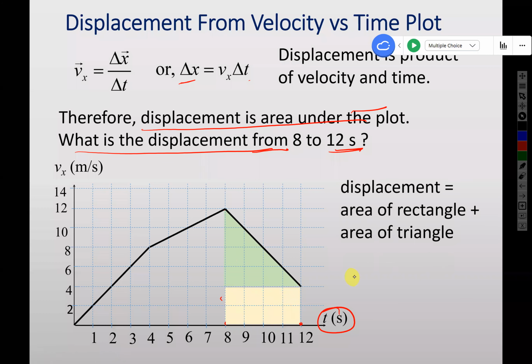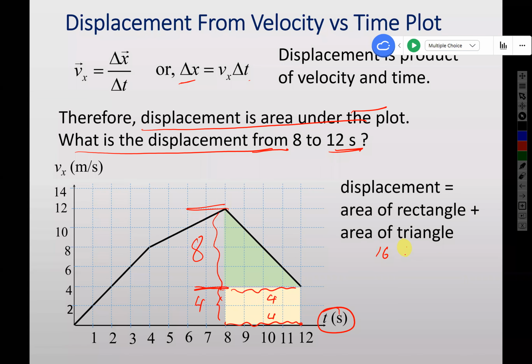So what is the area of the rectangle here? This length is 4, and how about this length? Looks like that is also 4. So that means it's 16. How about the triangle? This side is 4. How about this? 12 minus 4 means 8, right?